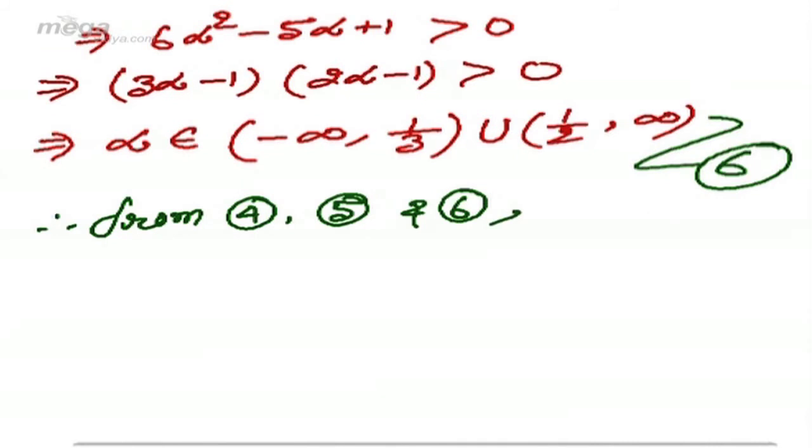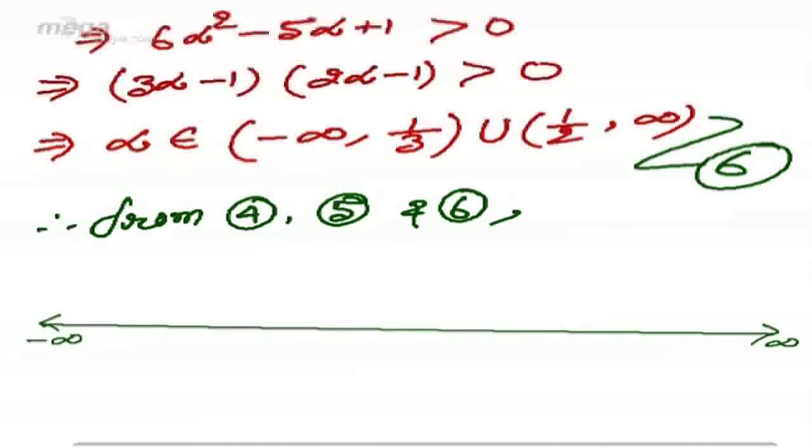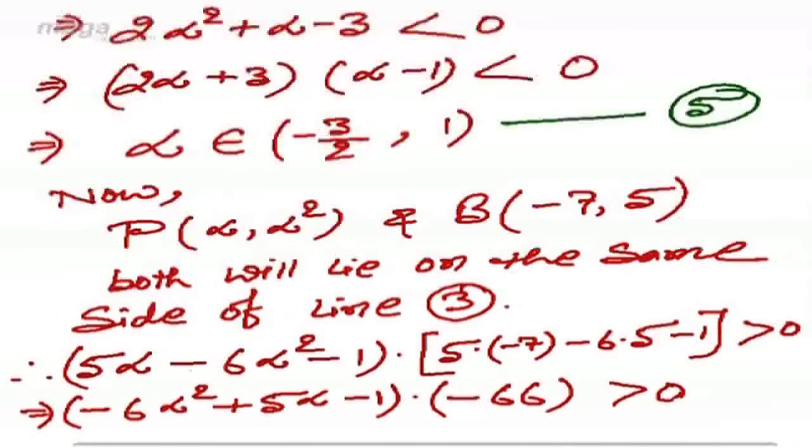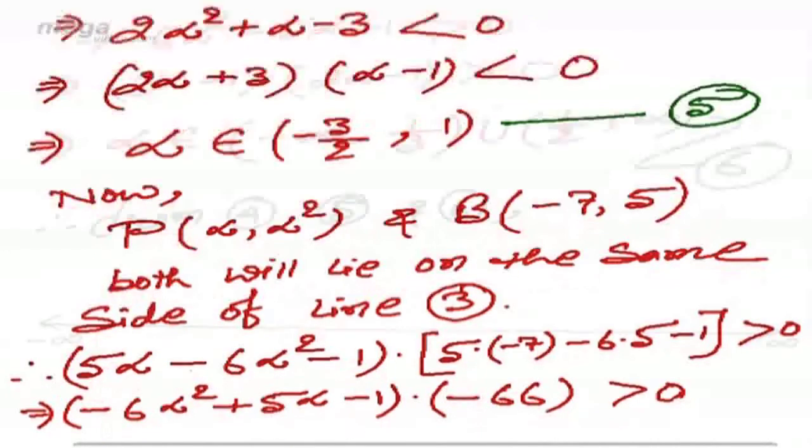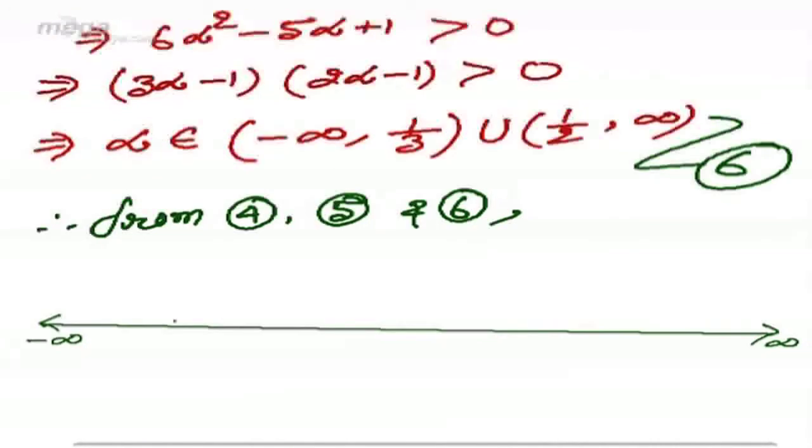What will be the common region? So for this purpose, I am just drawing the number line. This is the number line, minus infinity to plus infinity. Here we have numbers 1 by 3, 1 by 2, minus 3 by 2, 1, and in the fourth it is minus 1 and 1 by 3. So here the points are minus 3 by 2, minus 1, 1 by 3, 1 by 2 and 1.